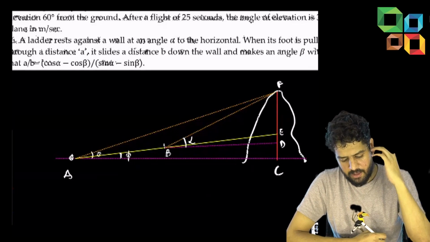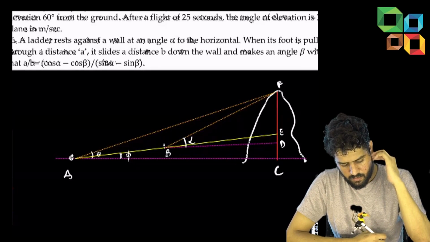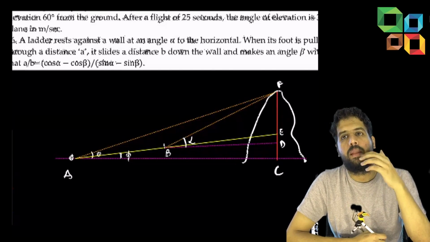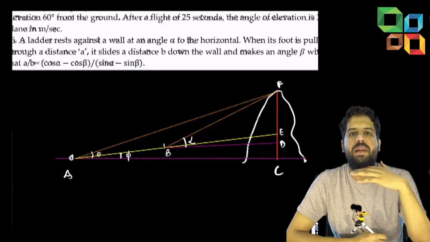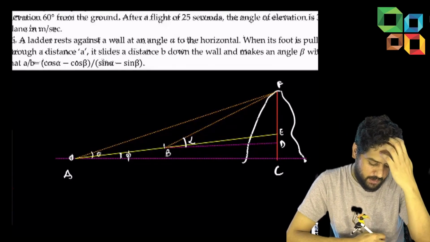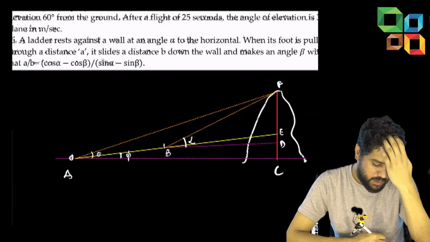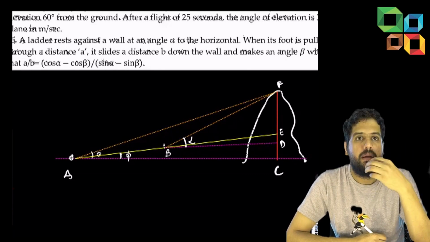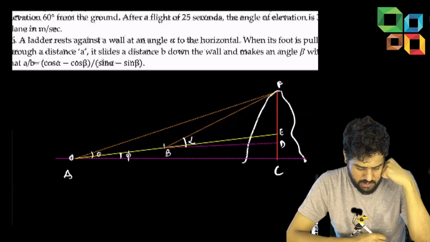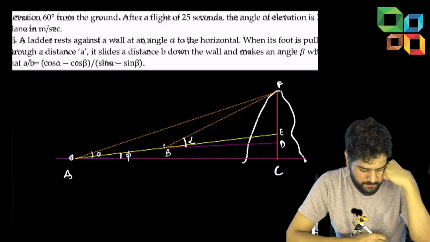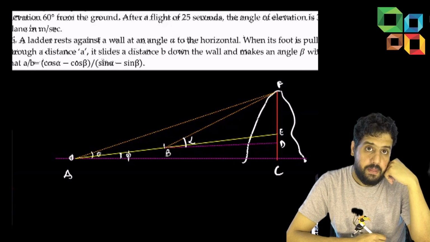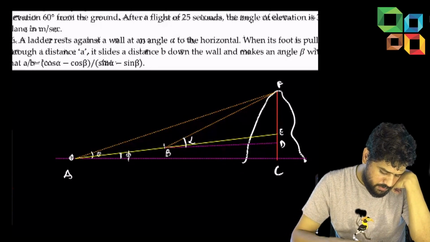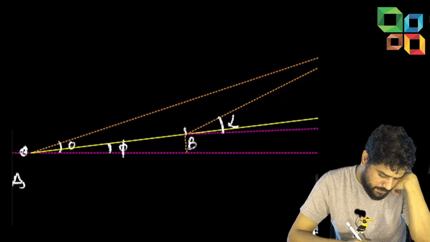Length AB is given. Some length we can find. What length can we find? Since AB is given. If I drop a normal from here, we can find DC.